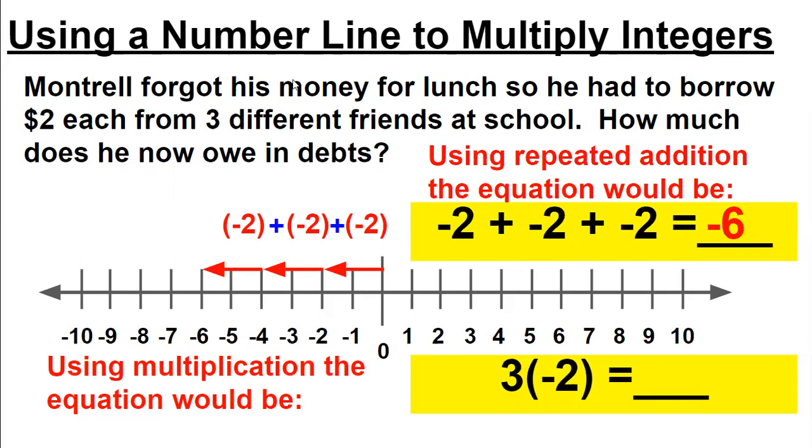Why would you say 3? Because there are 3 of these -2s here. He borrowed from 3 friends, right? 3 times the amount he borrowed, -2, will give you -6 as an answer. There is your answer.